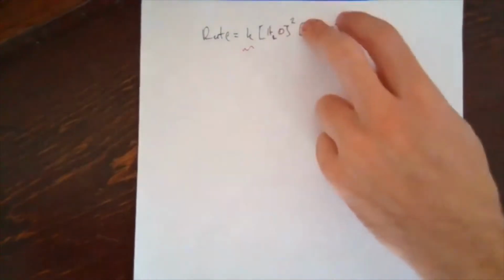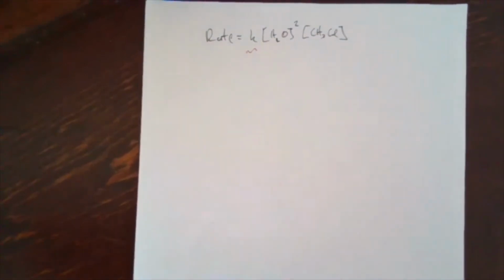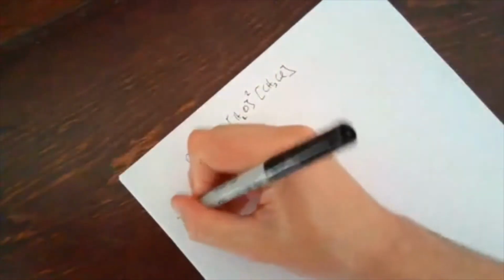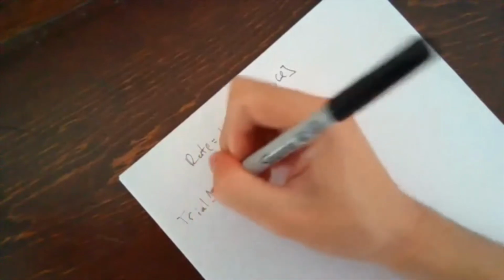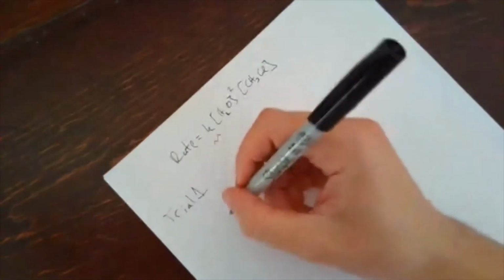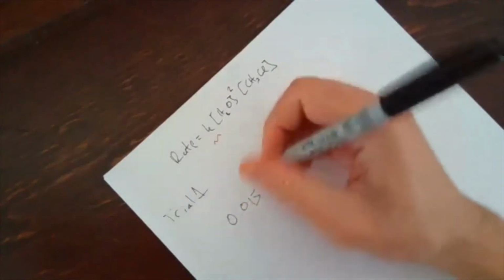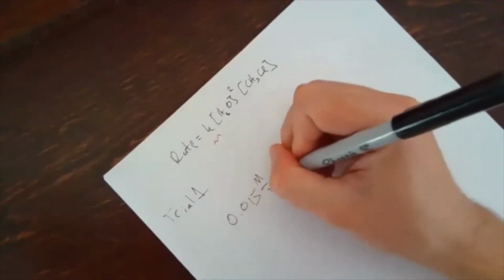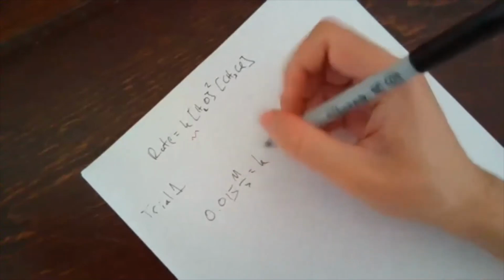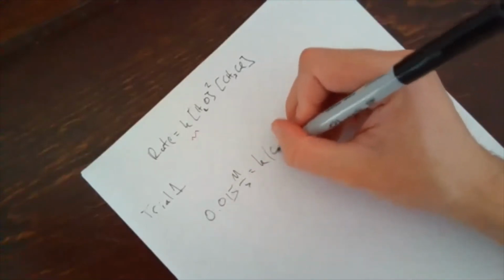I know the orders, so those are already plugged into the expression. I'm just going to do trial 1. You can do whatever you want. Because I made up these values, they work. Any of the trials work. A lot of times what you would do is plug in all 3 of the trials, solve for K, and then average.